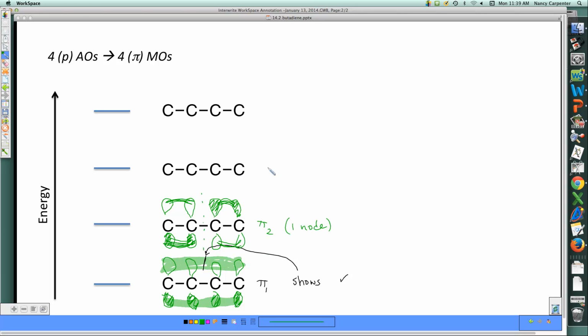I need 2 nodes here, and you can get 2 nodes with symmetry by having the center 2 p orbitals of the same phase, but opposite phase here and here.